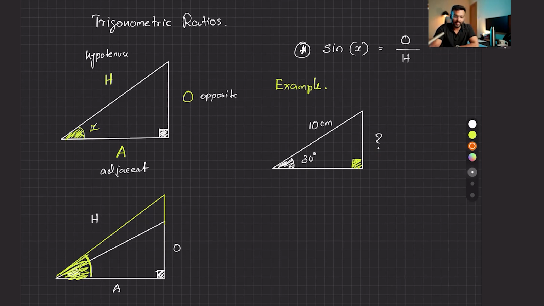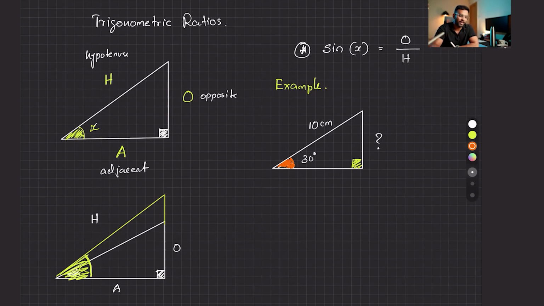Now, how would you work this out? According to this orange angle given to you, we've got to name the sides.